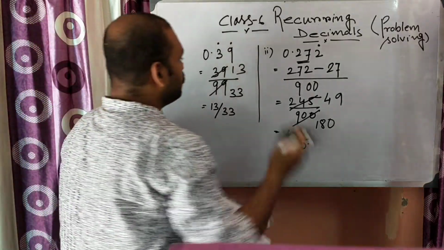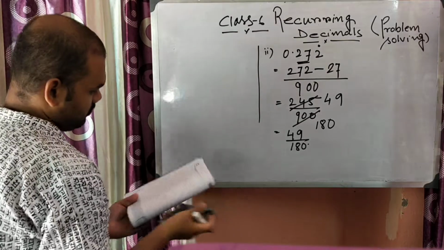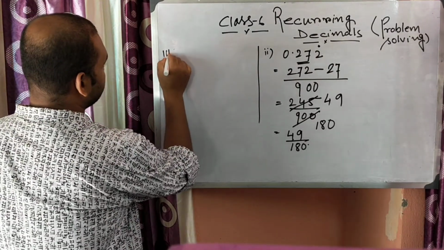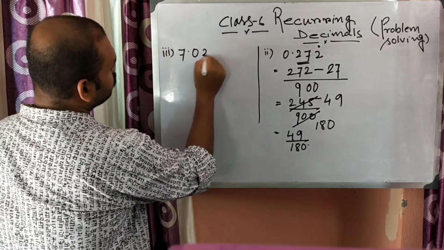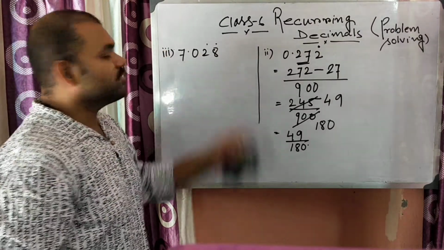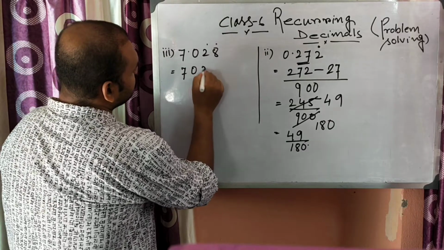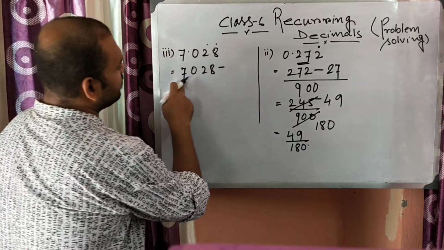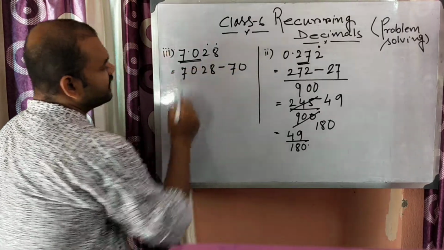Our next sum is 7.028 recurring. It is a mixed recurring decimal because after the decimal point a non-recurring digit is there. So you need to write down 7028 minus, for every mixed you need to do this step, 7028 minus 70, because these are two non-recurring digits.